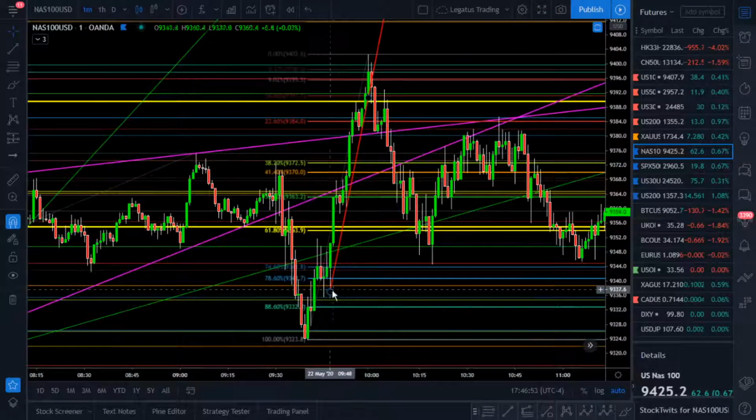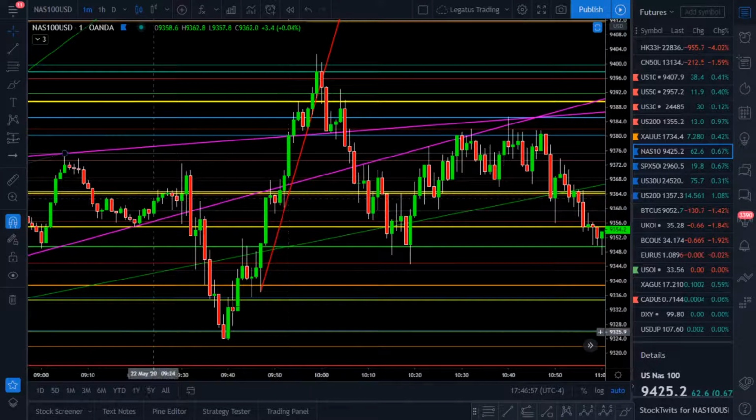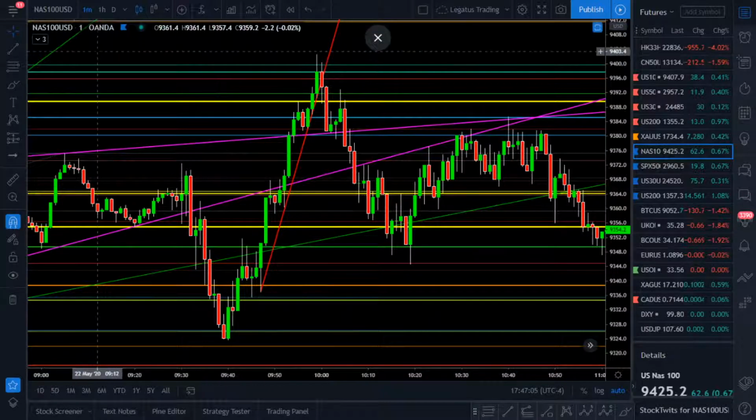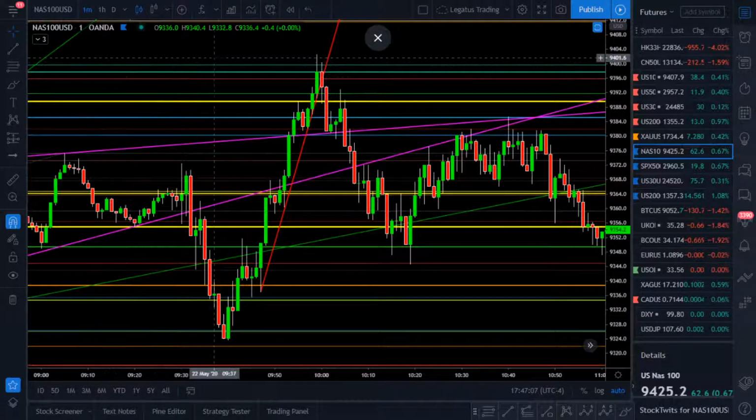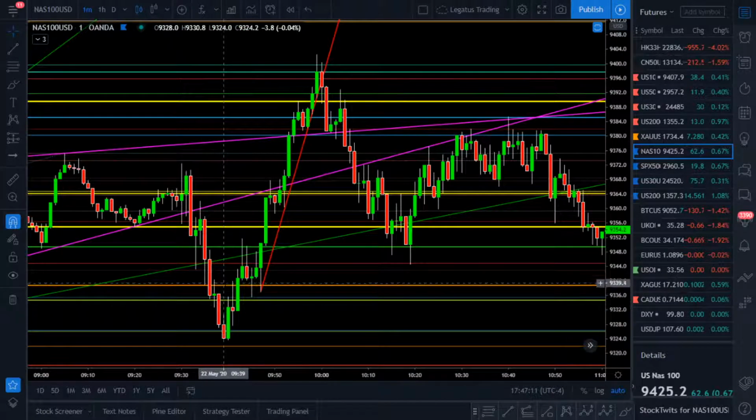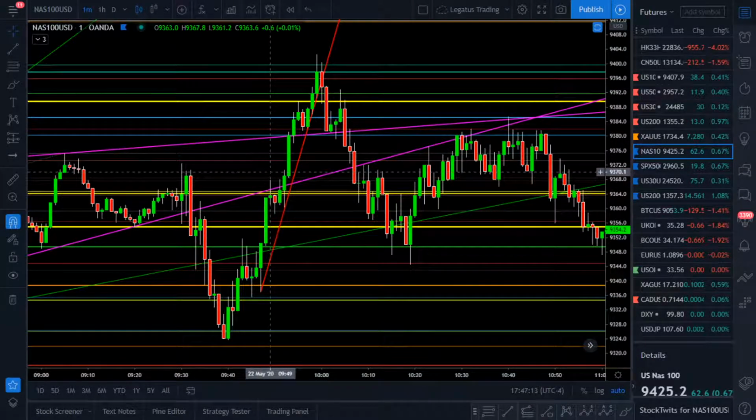On Thinkorswim, there's a way that you can actually see on each individual contract what the tick size is, and that tick size does change depending on the current market environment.